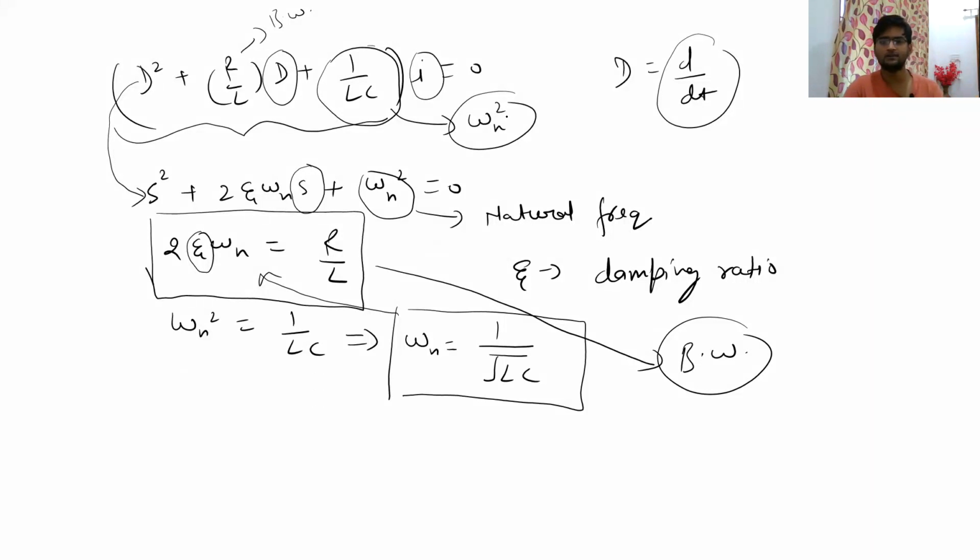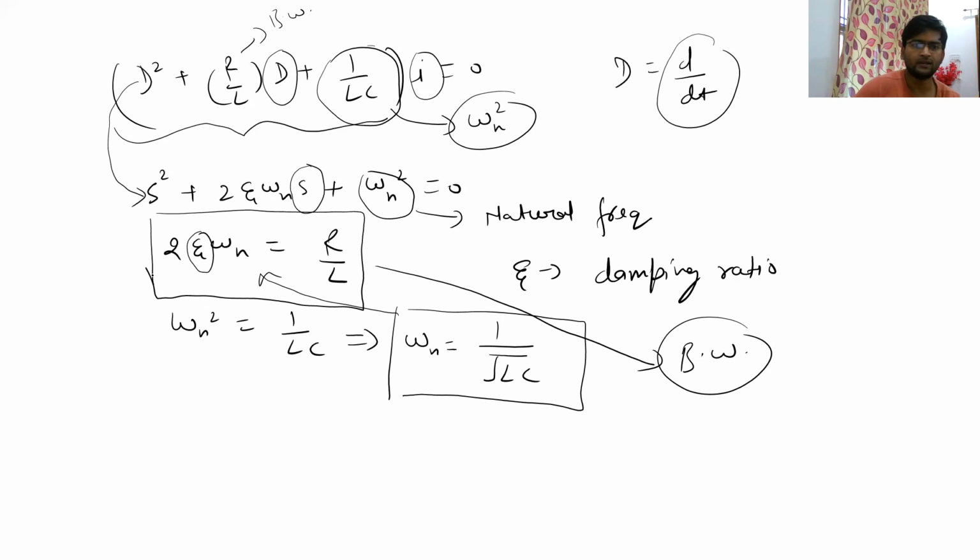Getting it? So just by looking at the differential equation of any circuit in standard form, we can find the bandwidth of that particular circuit and even the natural frequency of oscillation.